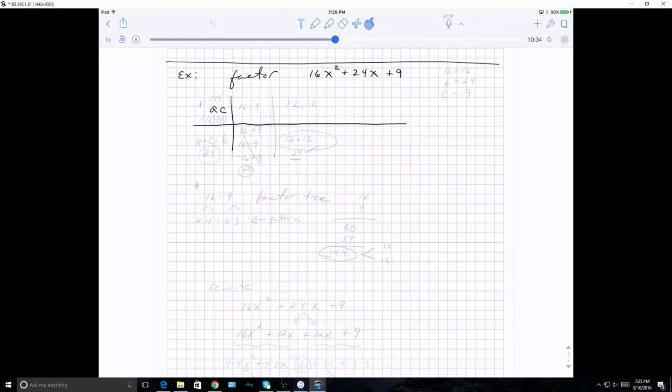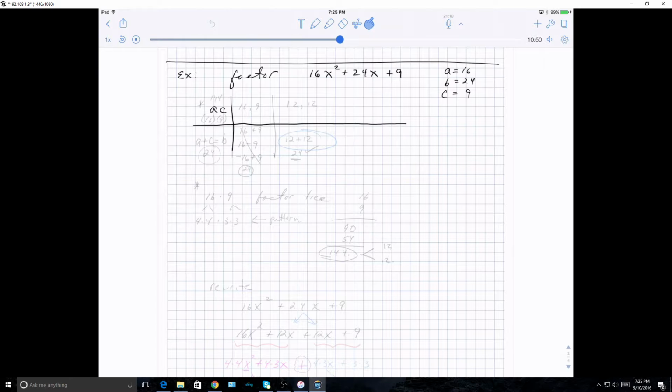So what do we know? Well, we know that A is equal to 16, we know B is equal to 24, and we know C is equal to 9.